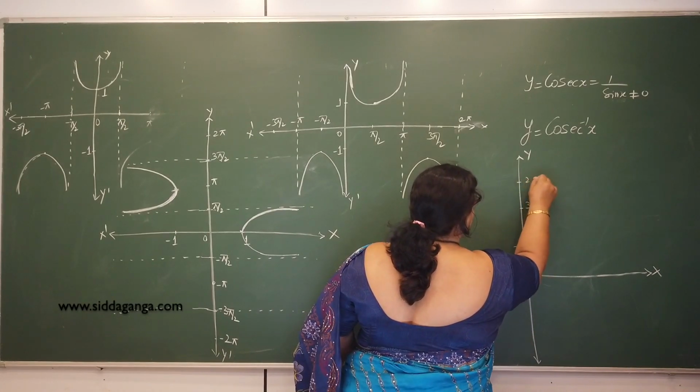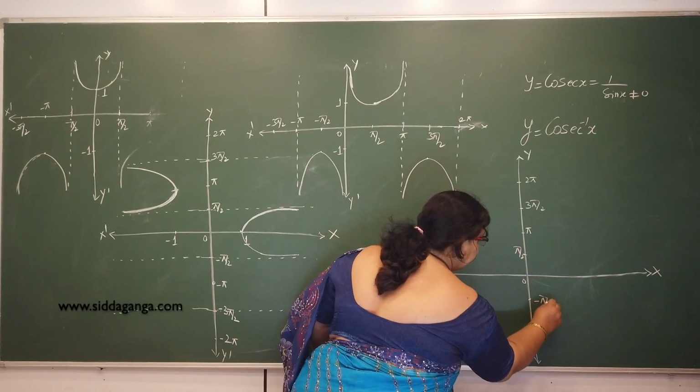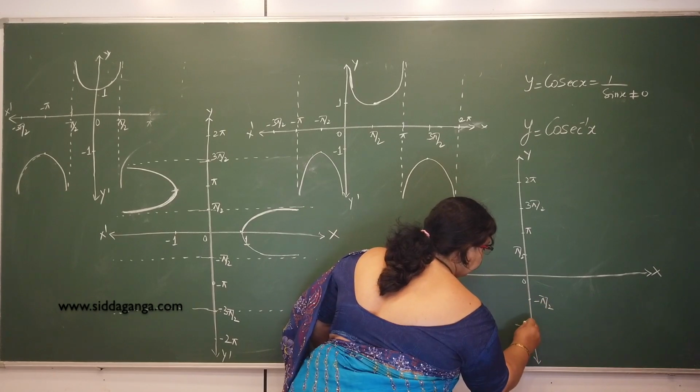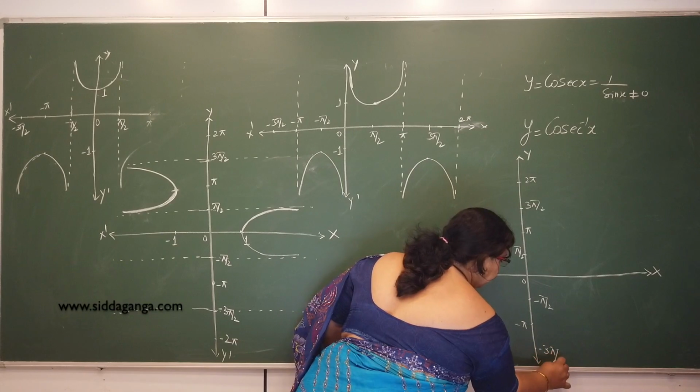You consider the quadrant angles and you know the values of the quadrant angles for the ratios. Then we can mark the points for those values.